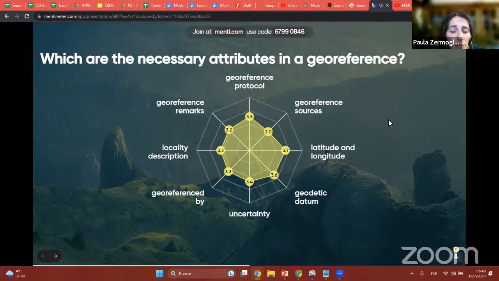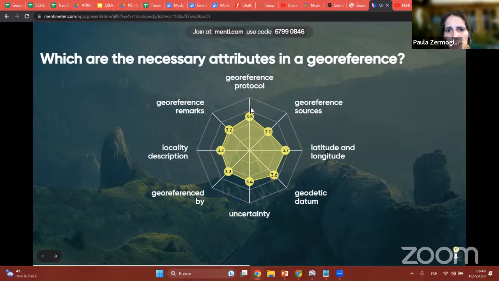If we're performing a georeference, our result will have, at a minimum, latitude and longitude, geodetic datum, and an associated uncertainty. So this means that these should all be up here, the dots, meaning they are absolutely necessary. Otherwise, we don't have a georeference.